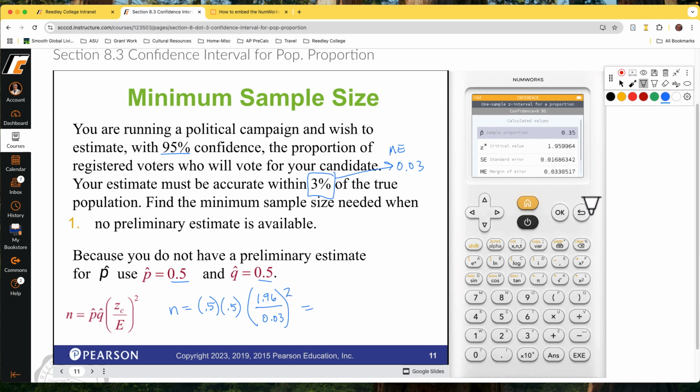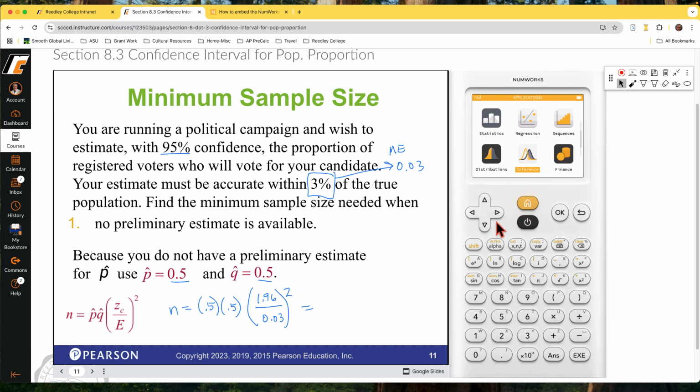So this time we will go back to the regular calculator and just calculate it out. 0.5 times 0.5 times parentheses 1.96 divided by 0.03, squared. You could use an exponent here, but you could just do the square.